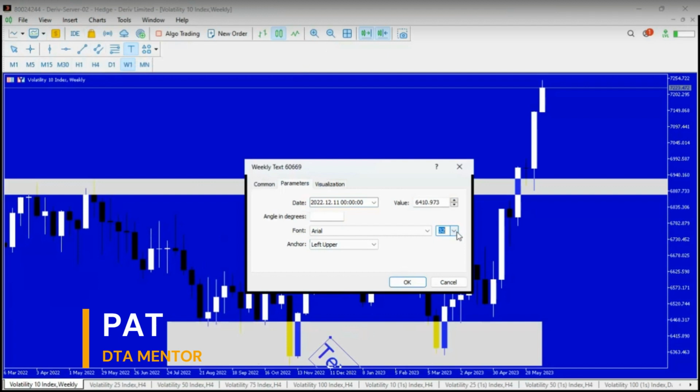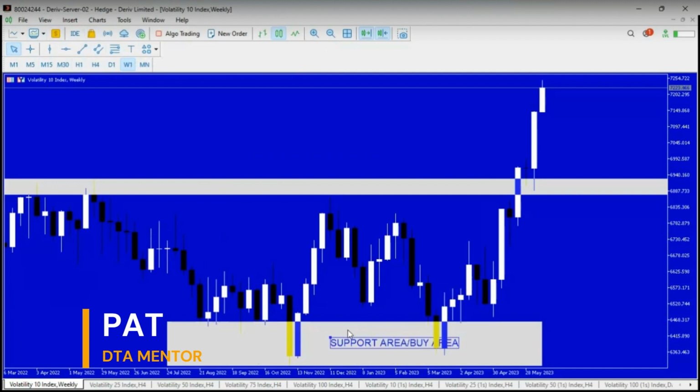Let me make it fine for everyone. This area here, this was actually our support area or buy area.